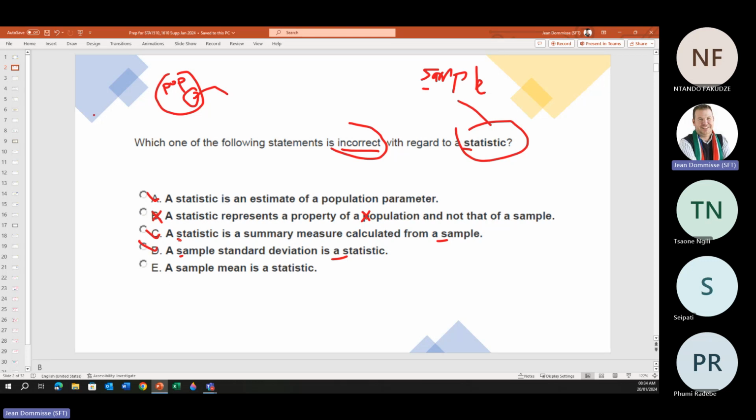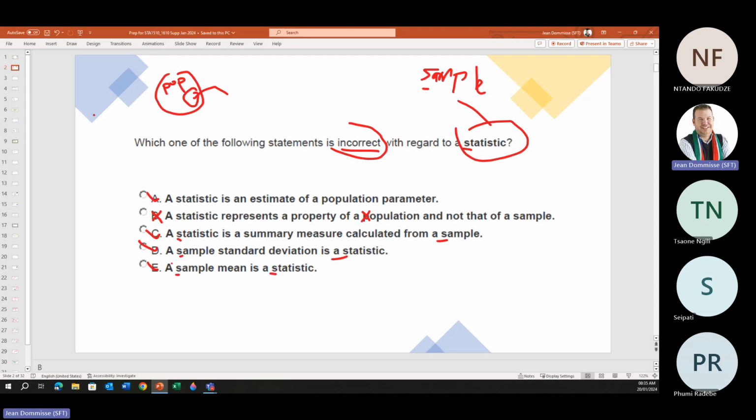They could have asked nearly the same question as: a parameter is a summary measure calculated from a population, or population standard deviation is a parameter. A sample mean is a statistic, is correct again.